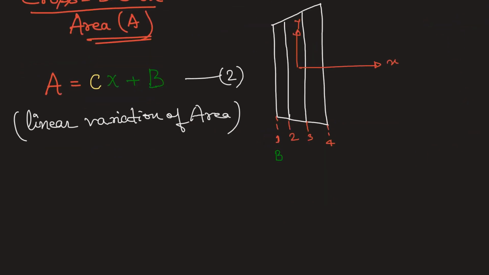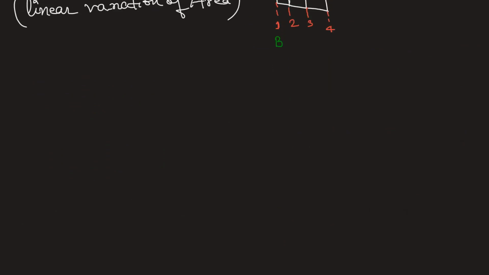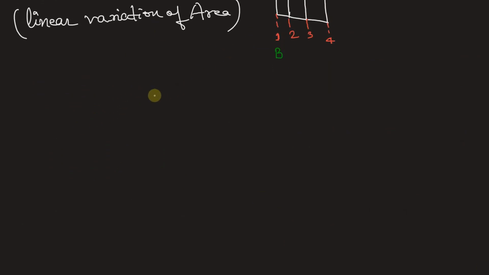Let's continue our solution. First let's substitute equation number 2, the variation of area, in the 1D steady-state conduction equation.